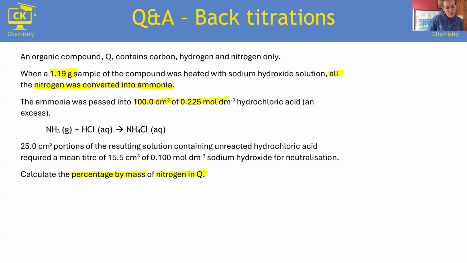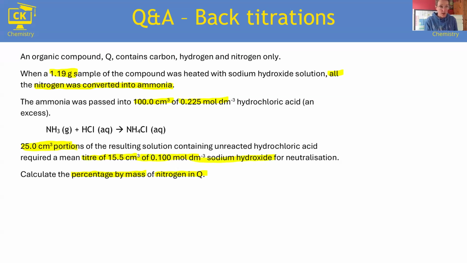Then I've got the fact that I put that into a volume and a concentration of acid. Then we're taking out portions. So there's a relationship between this 100 centimeter cube and this 25 centimeter cube. And we have a mean titre, so the volume added, but that's the volume of sodium hydroxide.